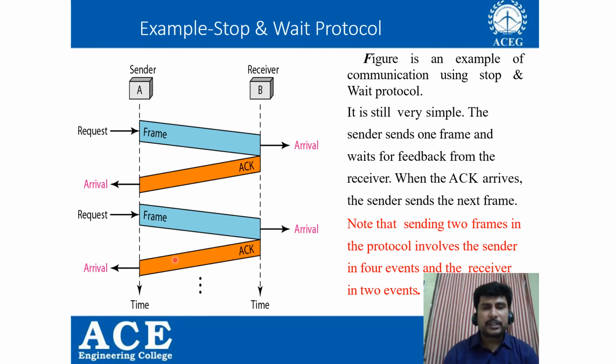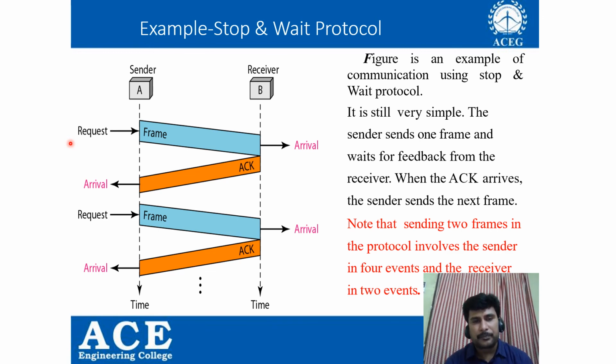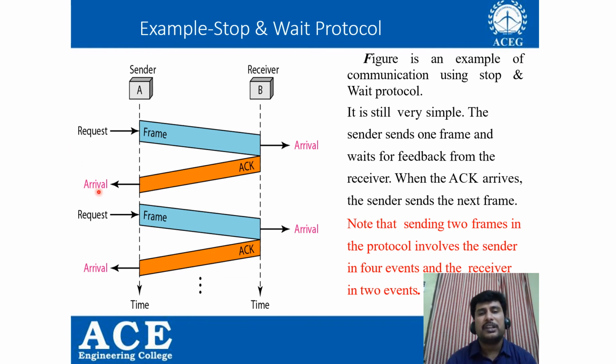The important thing that we need to understand in stop and wait protocol is that we are ensuring that no data is overflown by ensuring only one frame is sent at a time, and the next frame will be sent only when an acknowledgement for the previous frame is received. So this is how we are trying to implement flow control. Since we don't have any loss of data or corruption of data, error control is not required in the case of stop and wait protocol.